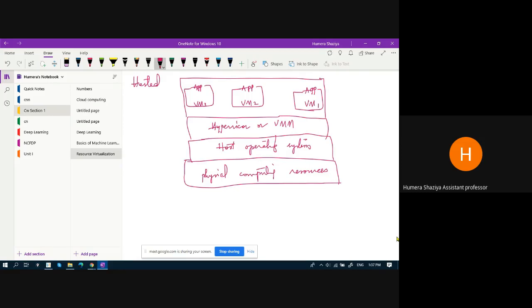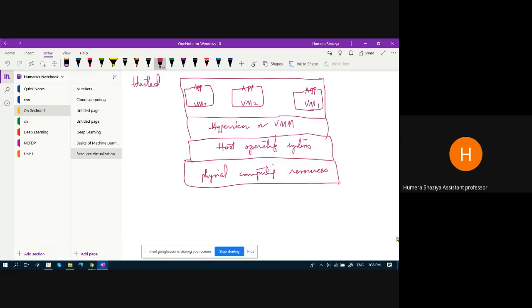This is known as the hosted approach, in which the operating system is installed over the host machine, and this is known as the host operating system. This is our machine comprising hardware resources.